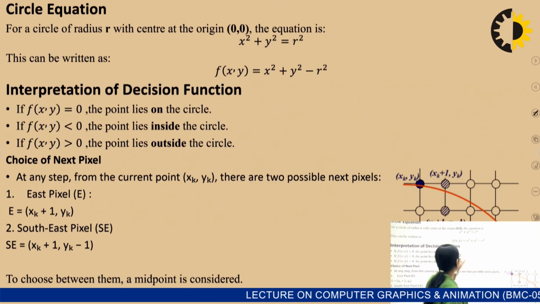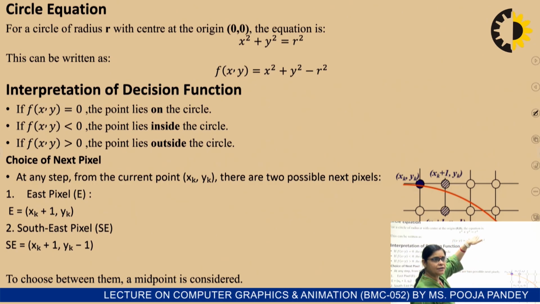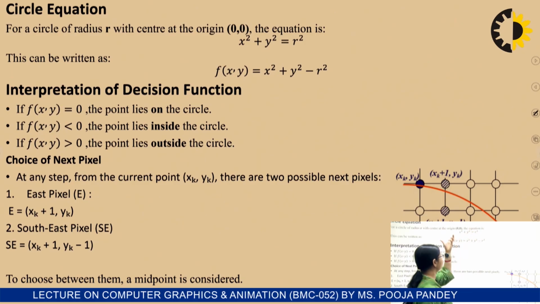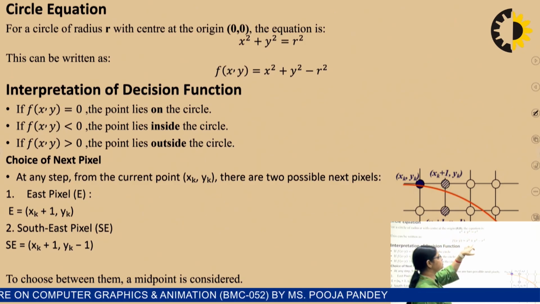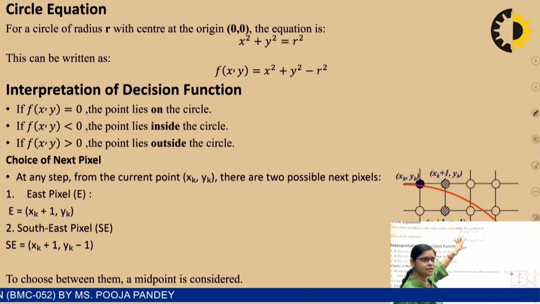The equation of the circle is x square plus y square equals r square, which can be written as a function of x, y: x square plus y square minus r square. This equation can be written the same way.